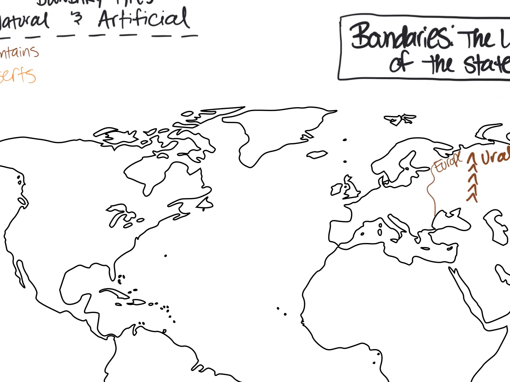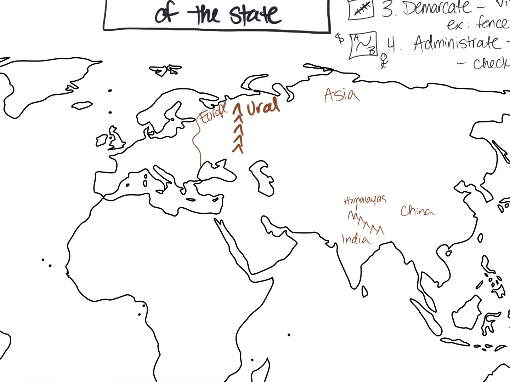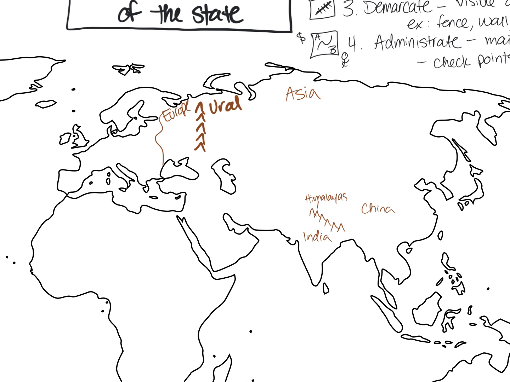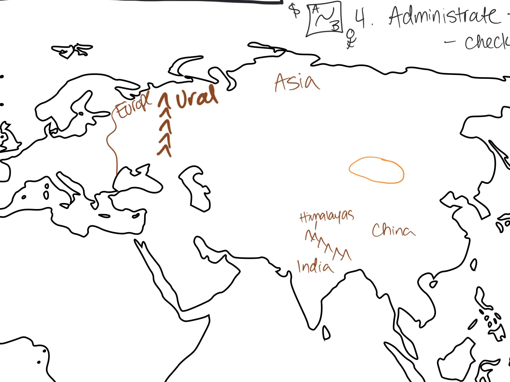Okay, two deserts we're going to draw in. Find Russia and China, where we just were. There is a kind of oval-shaped country north of China, south of Russia. That is Mongolia.